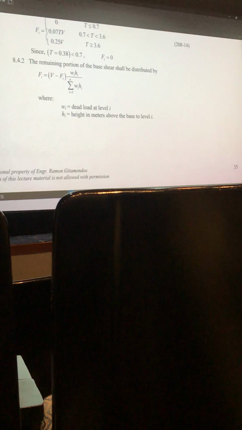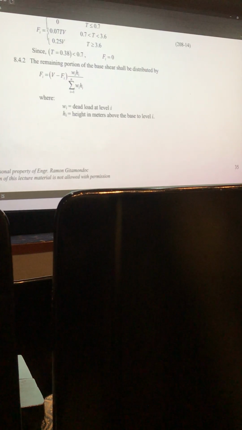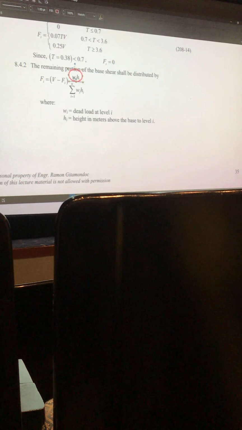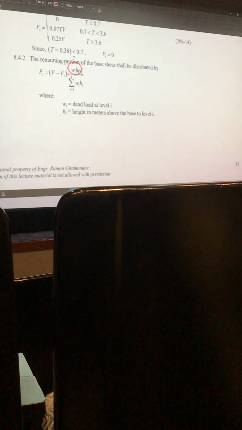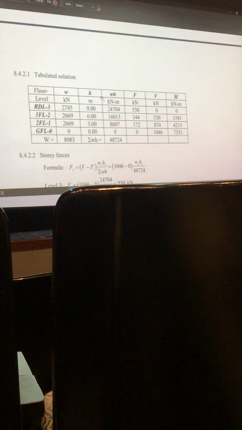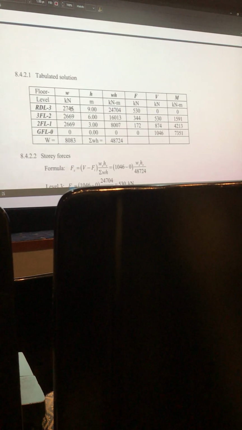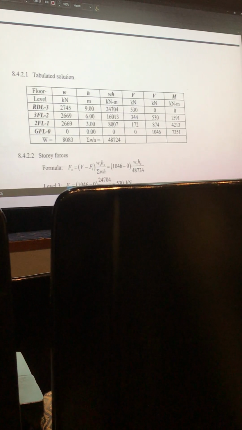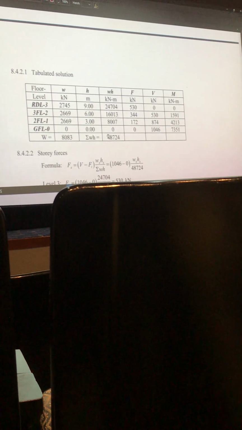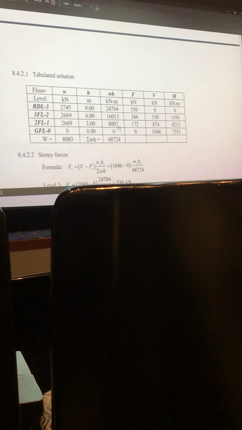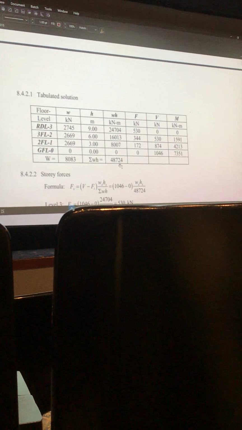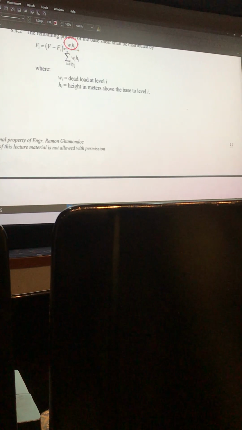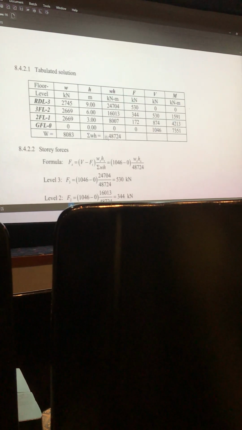Then in the formula, you need to calculate WiHi, which is simply the weight at that level multiplied by the height at that level. You multiply these values to get the values in this column. Then add them to obtain the summation of WiHi, which is the denominator.